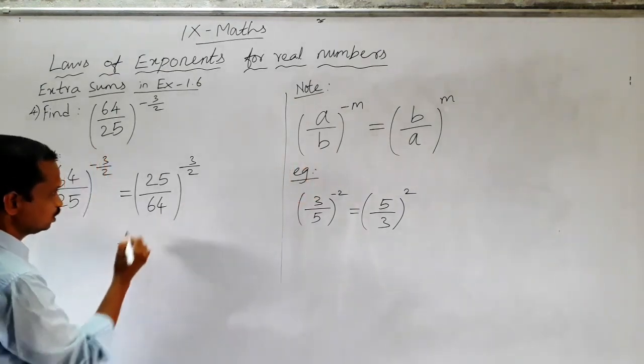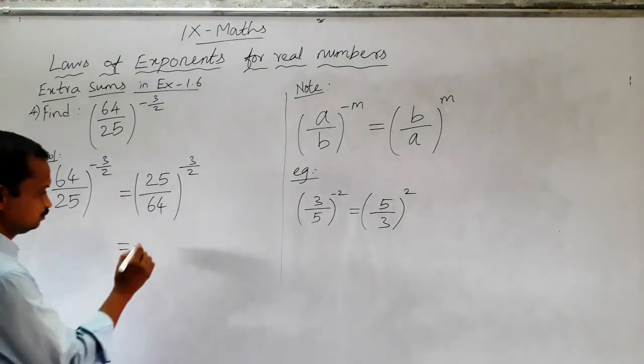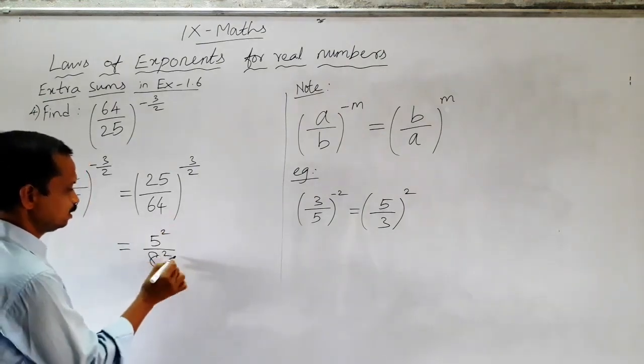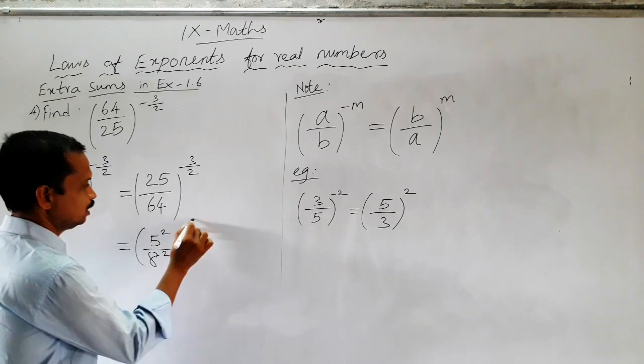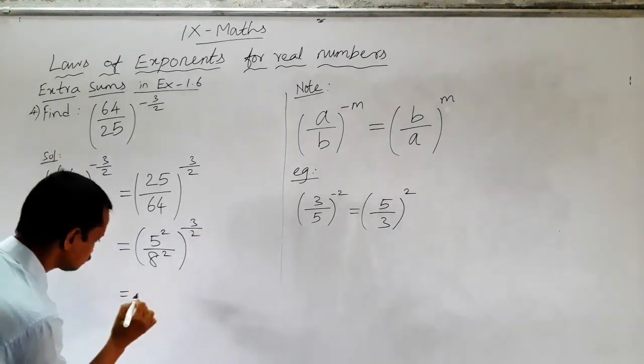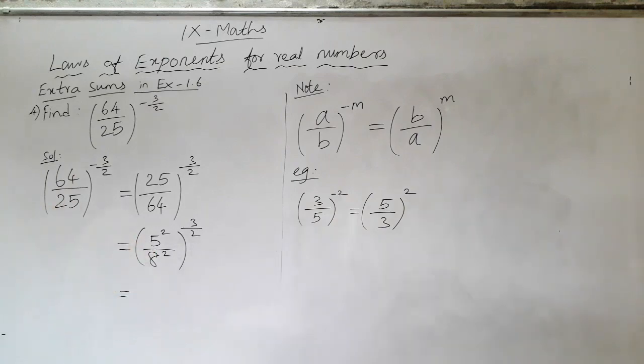Now you have to find the value of this. 25 you can write as 5 square, that you know, and 64 as 8 square, that also you know. Again, the exponent is 3 by 2. Now 5 square by 8 square.